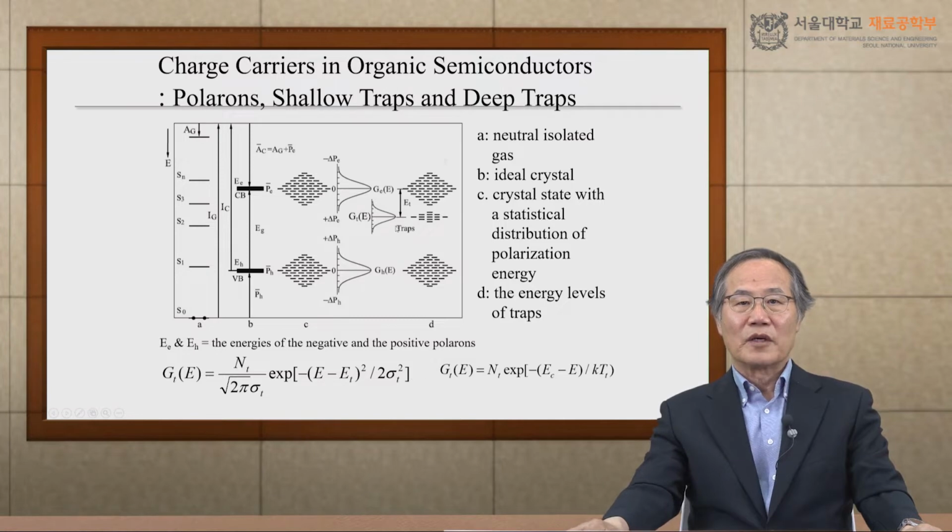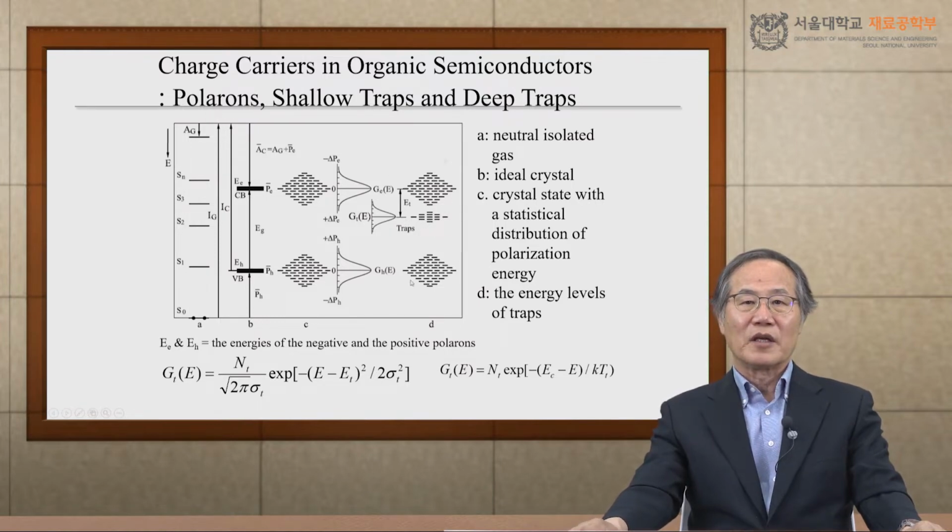Or also, there are some traps in some cases, especially in OLEDs, where the emitters, fluorescent molecules or phosphorescent molecules, are doped in a host to utilize the energy transfer process. Then we have an exponential distribution, or sometimes a Gaussian distribution, of traps there.